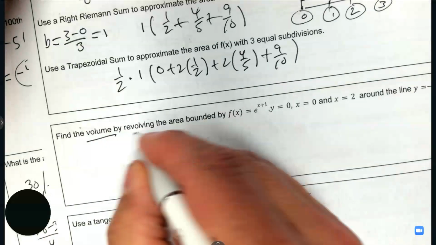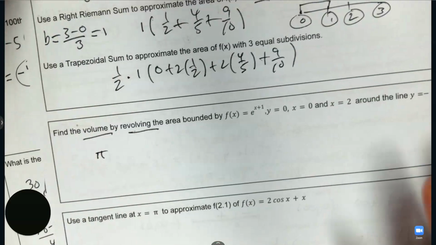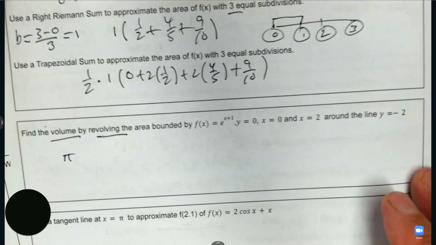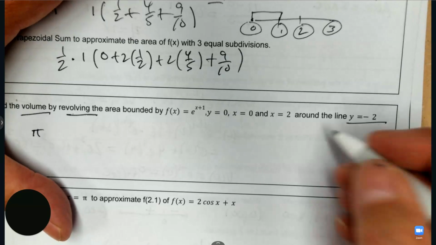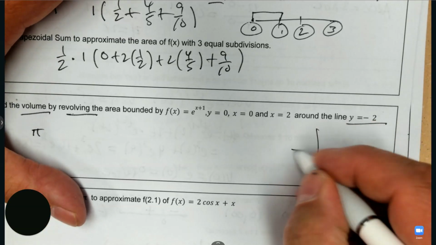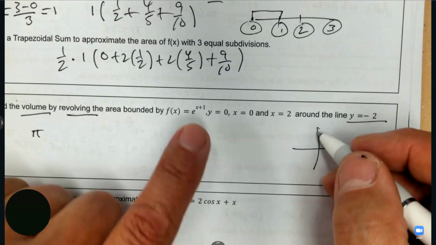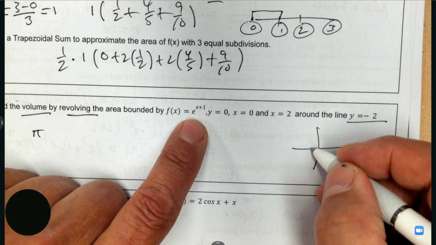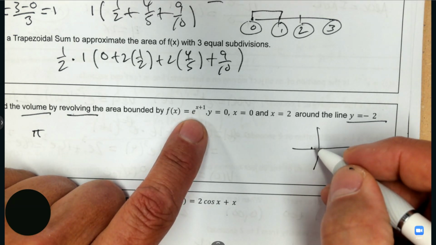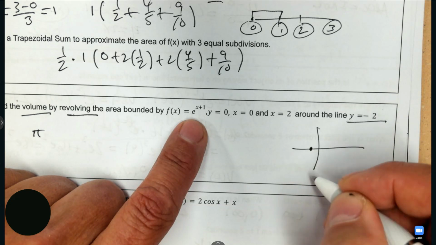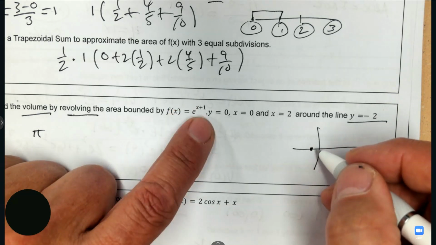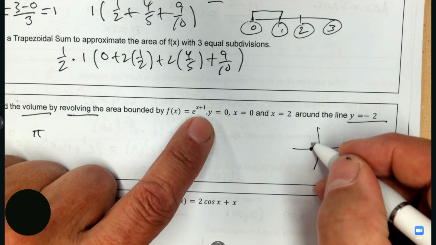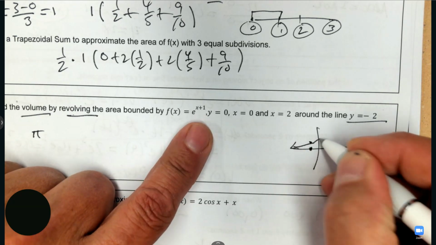Find volume by revolving. That is a circle, and it's around y equals -2. So we have a graph of an exponential. If I plug in -1, the answer is 1. So it kind of looks like this.